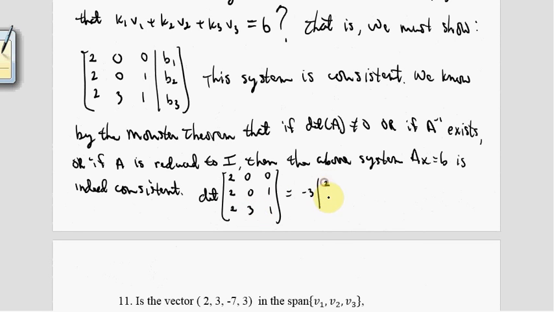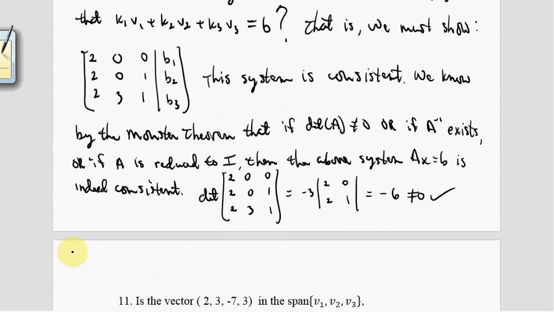So we get 2, 2, 0, 1. We get -6. It's not equal to 0. So here, by the Monster theorem, AX equal to B is consistent, and thus we say that the vectors V1, V2, and V3 span R3.